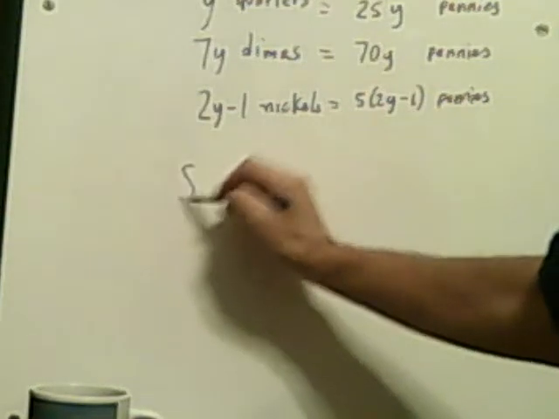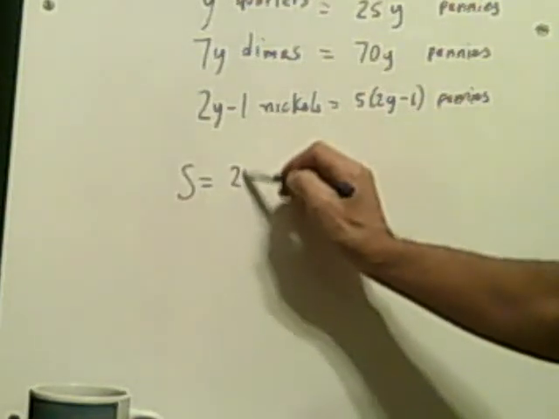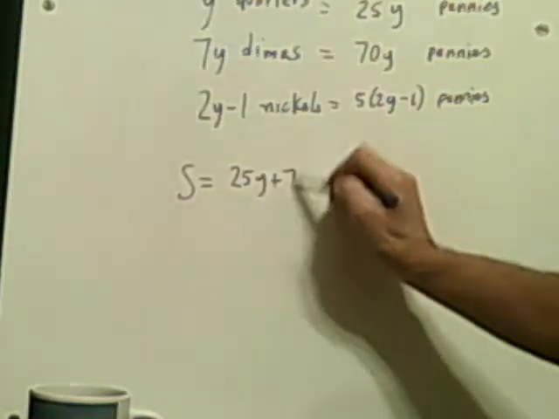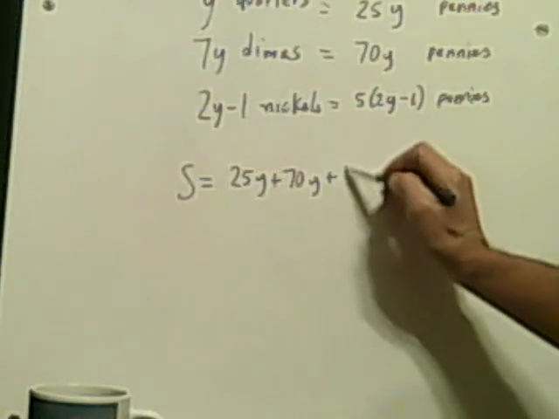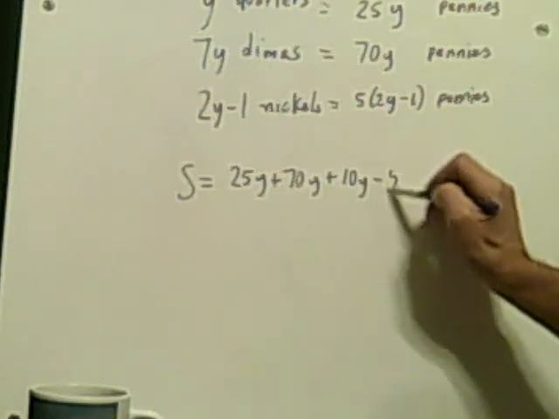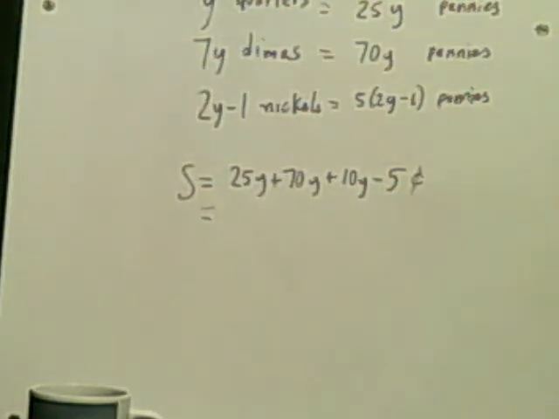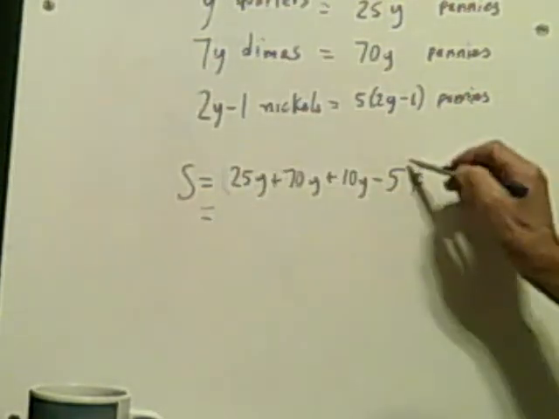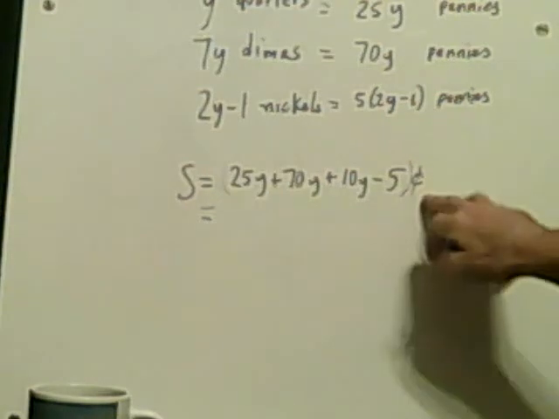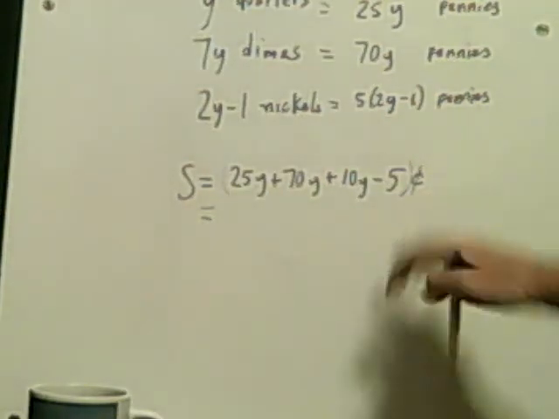So the sum is going to be 25y plus 70y plus 10y minus 5 in pennies. So you might put cents on there. I put parentheses around everything so that the cents will apply to the whole expression.